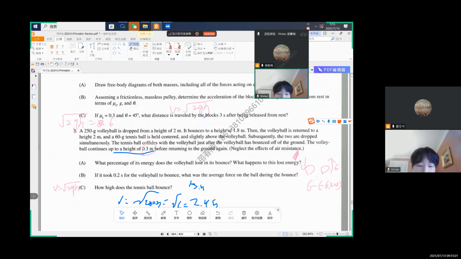Then we start with 5 and minus 2.45. That must equal 2.55 joules into the tennis ball.